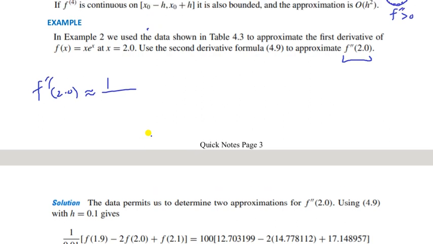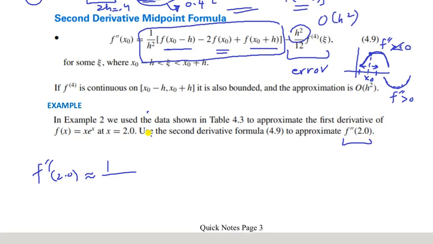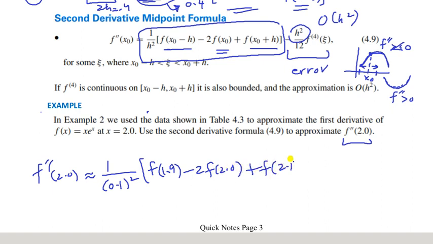So if you use h is equal to 0.1, it will be 1 over 0.1 square, f of 1.9 minus 2 f of 2.0 plus f of 2.1, right?